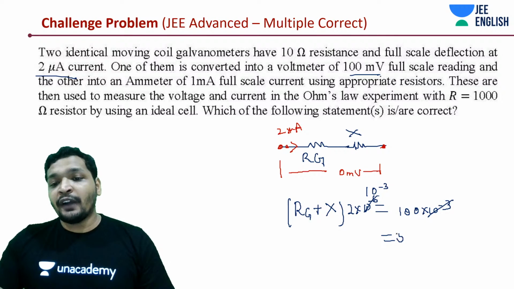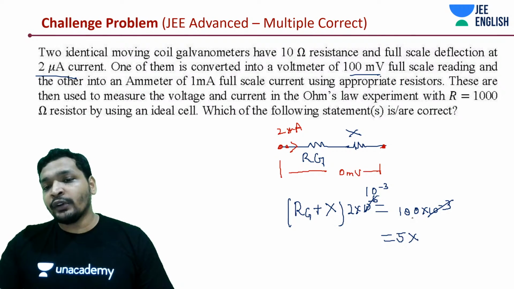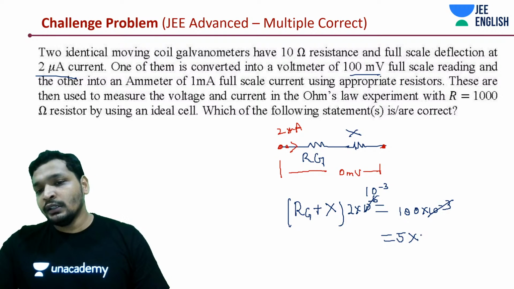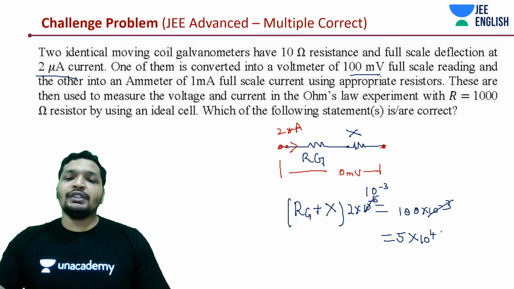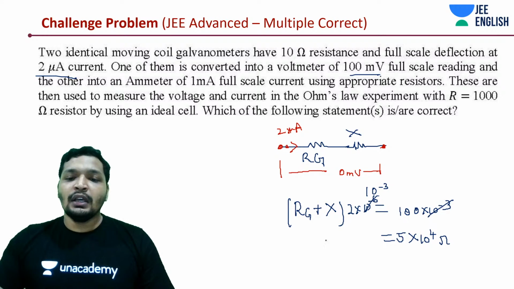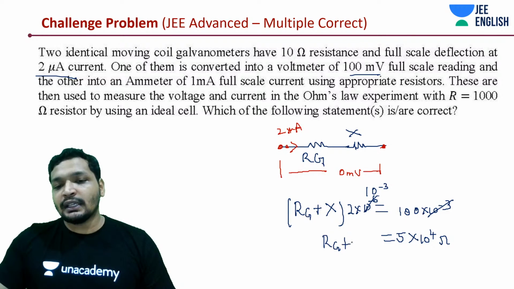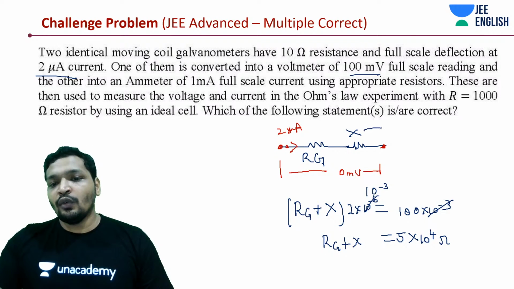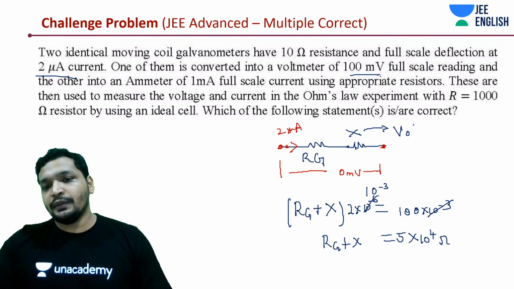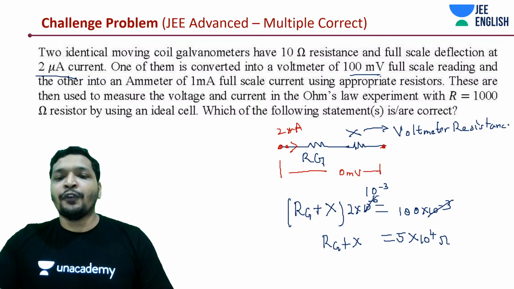So that is going to be 5 into... I'm calculating everything in terms of powers, that gives me leverage of doing it quicker, ohms. That is Rg plus X, where X is the voltmeter resistance. Okay, so option A is false.